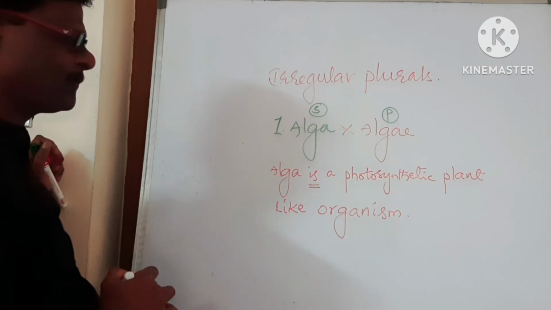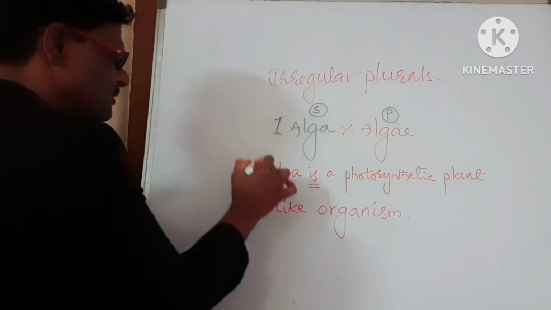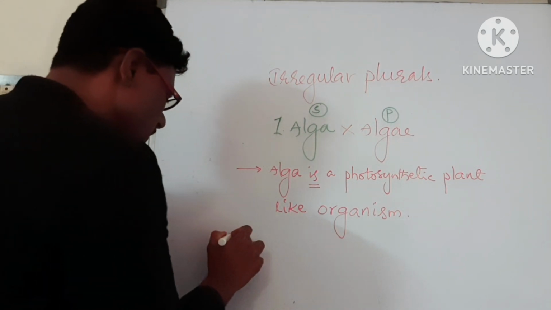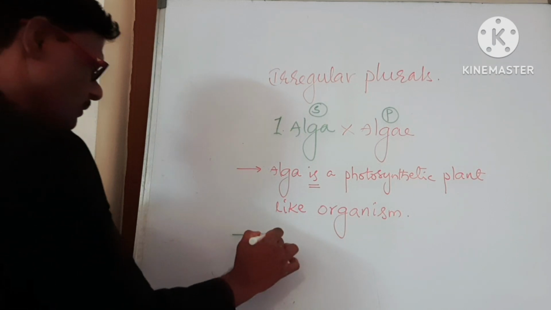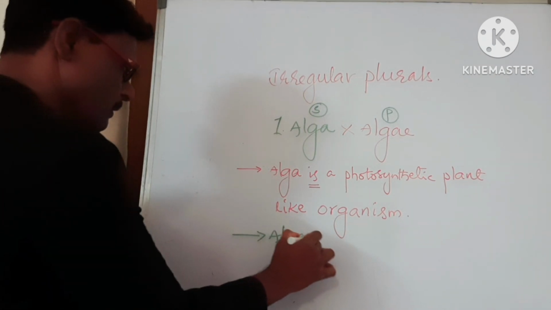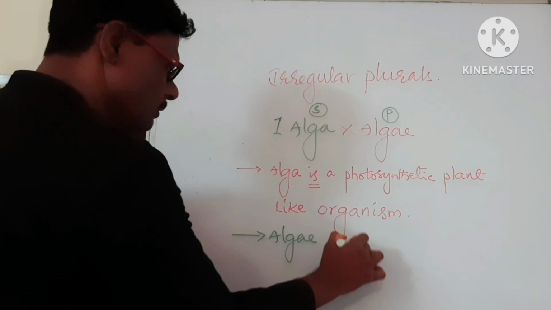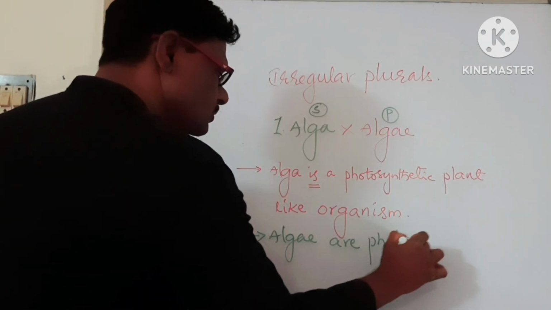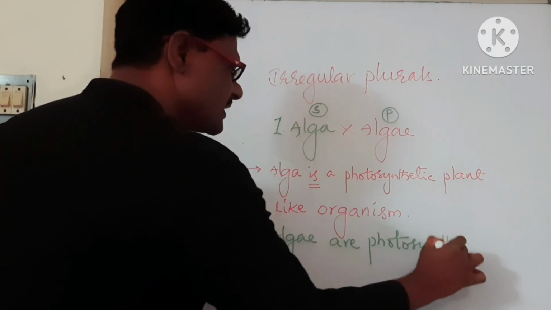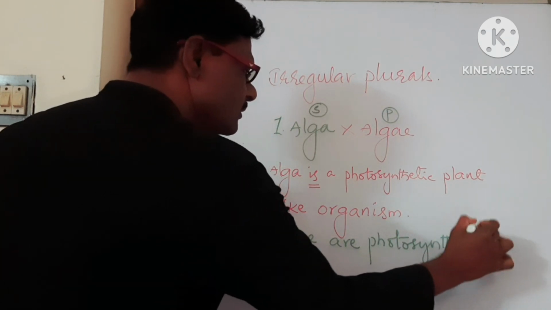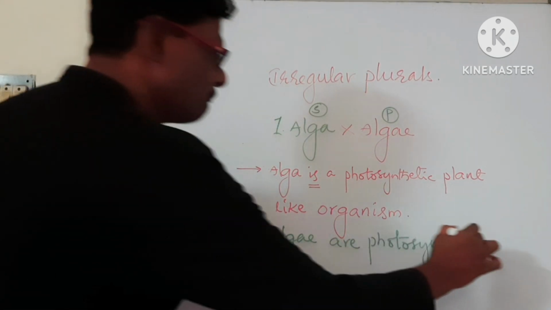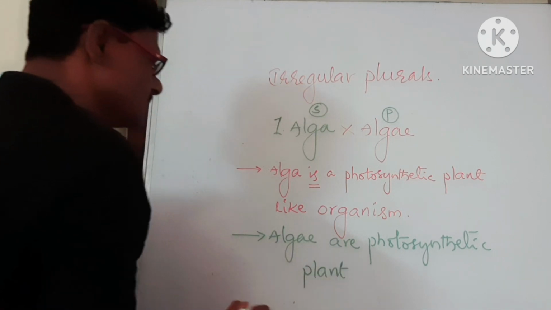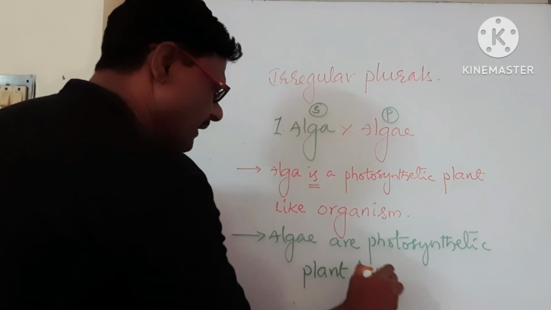Alga is. Do you want to write the plural? Tell me that. How do you want to write? Algae are photosynthetic plant-like organisms.